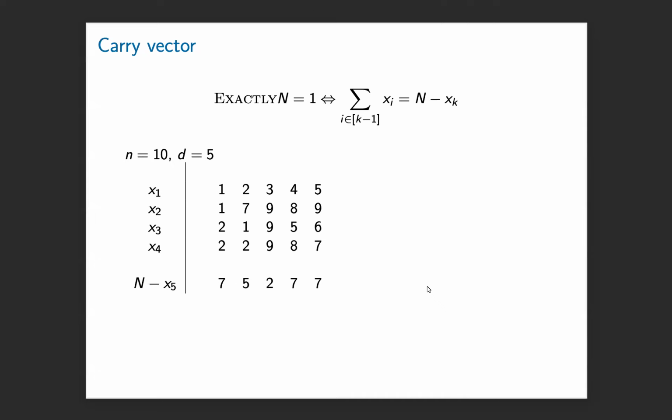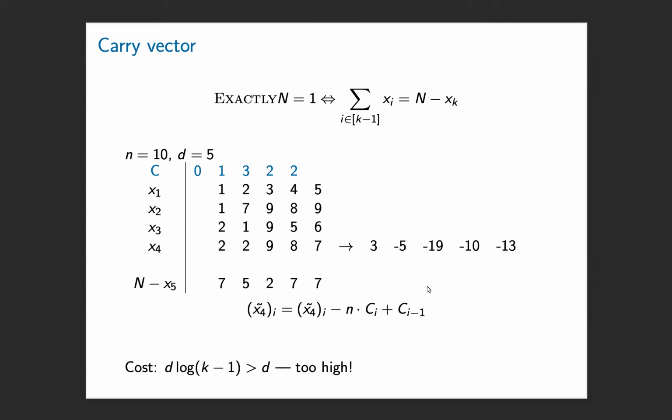Again, now we're in 5 players. We're going to be trying to solve whether the sum of the first 4 is equal to n minus the 5th. I've given an example here. The first thing we might try is just to do exactly what Linial and Shraibman do. So we have this carry vector that the 5th player can communicate to everyone. They can use it to adjust, say, x4, such that now the sum doesn't have any carries.